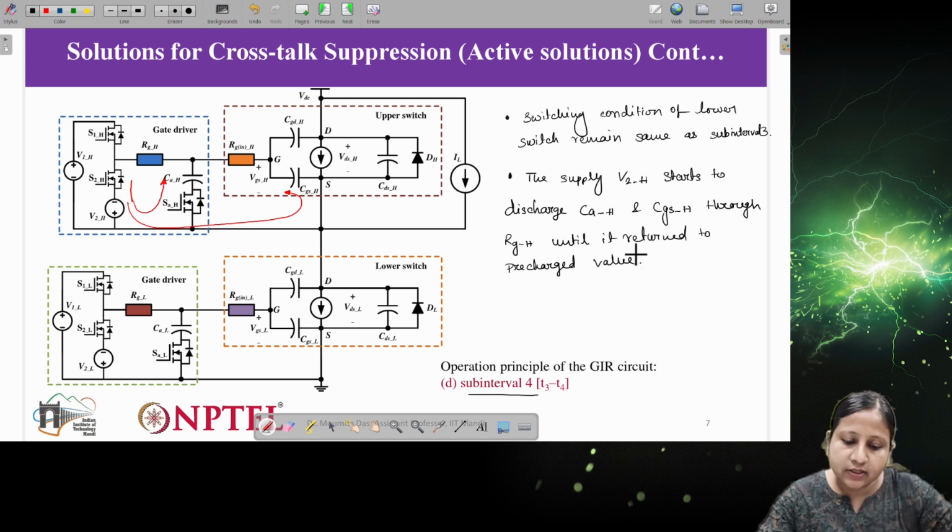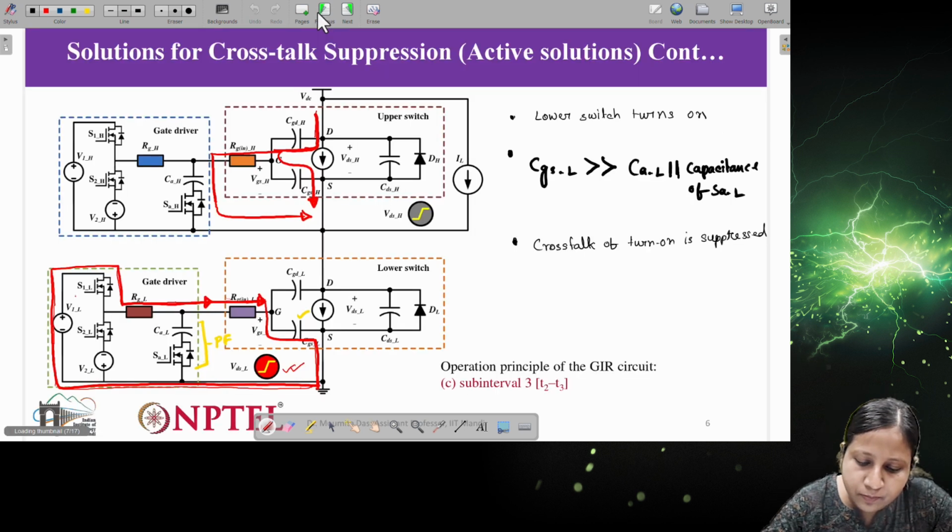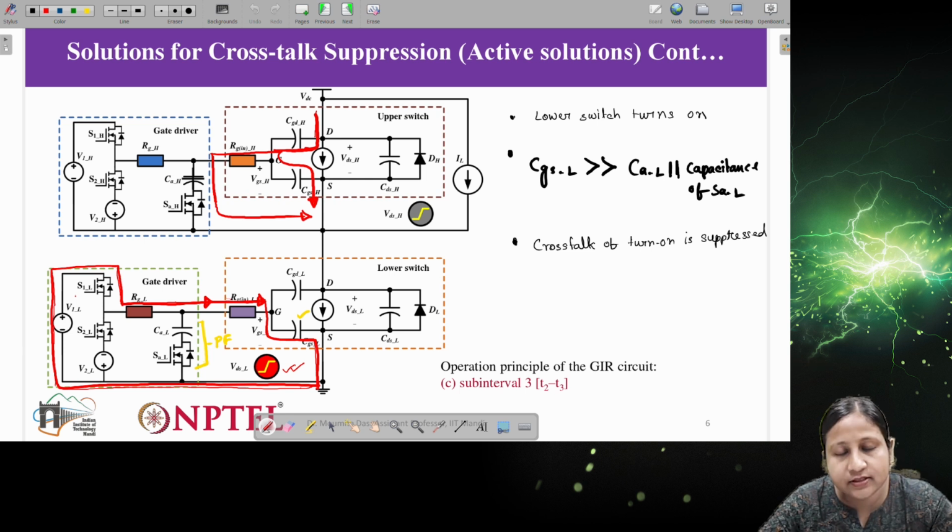As you have seen in the previous case, some positive voltage will appear across CAH and CGSH, although we have precharged these capacitances to a negative value. Because this current may be very high due to C dV/dt, this CGDH will be very low and this dV/dt will be very high, because this is turning off, so the voltage should go from 0 to VDS.